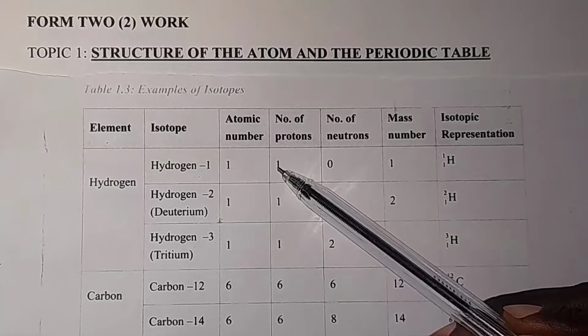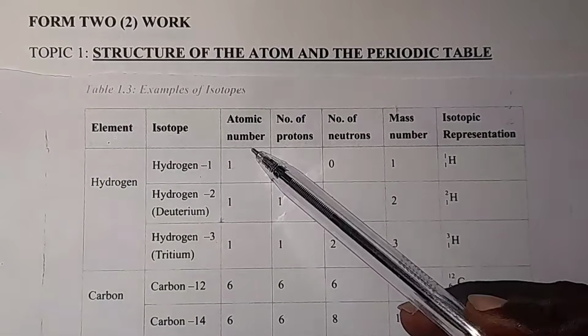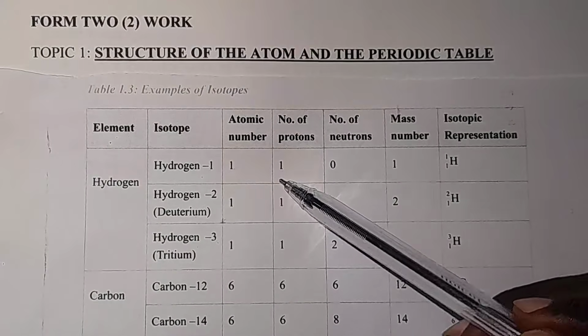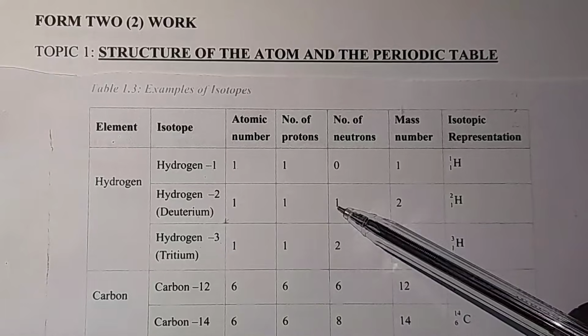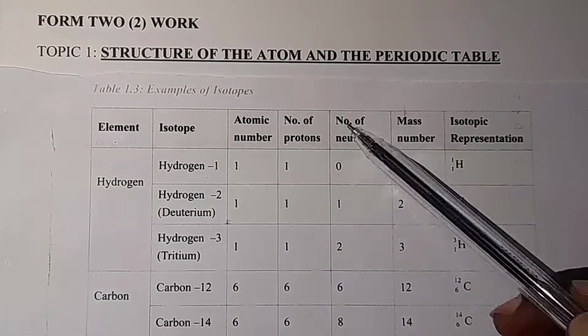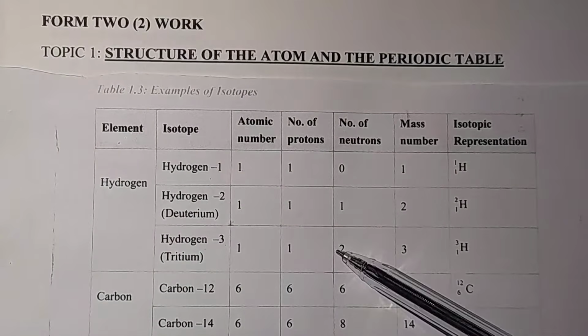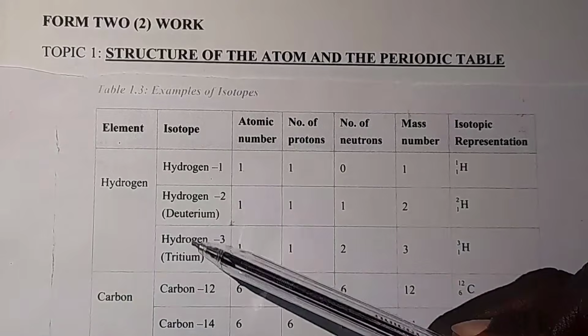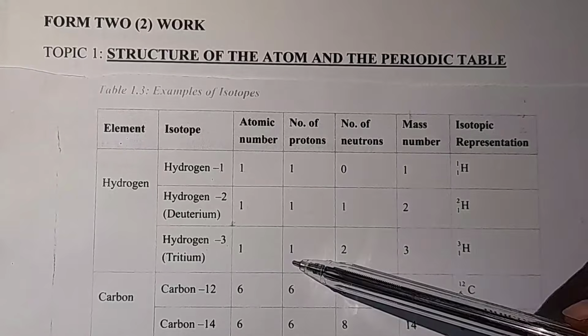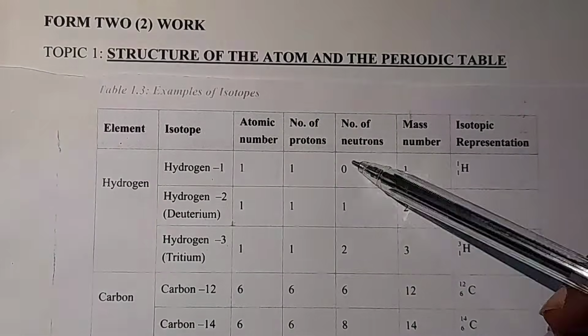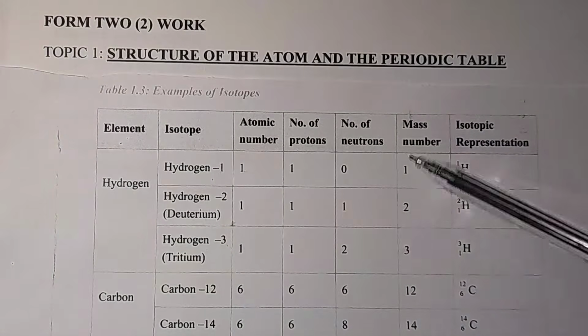The number of protons is 1, 1, 1 because atomic number is equal to the number of protons. But the number of neutrons in the first hydrogen is 0, in the second hydrogen is 1, and in the third hydrogen is 2. Remember, isotopes have the same atomic number, or the same number of protons, but different number of neutrons, or different mass number.